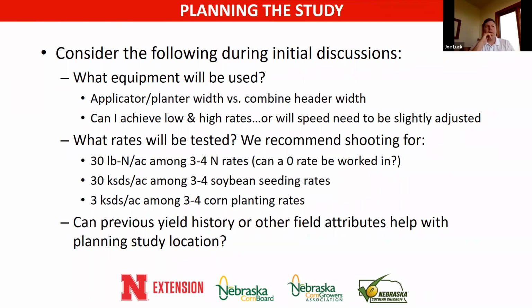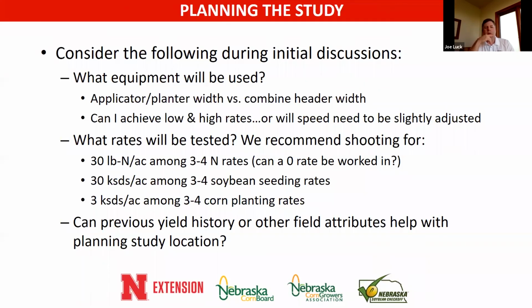We've done probably a dozen to 24 studies here over the past several years, trying to get people more used to using the variable rate systems to actually do their own studies on their farm.